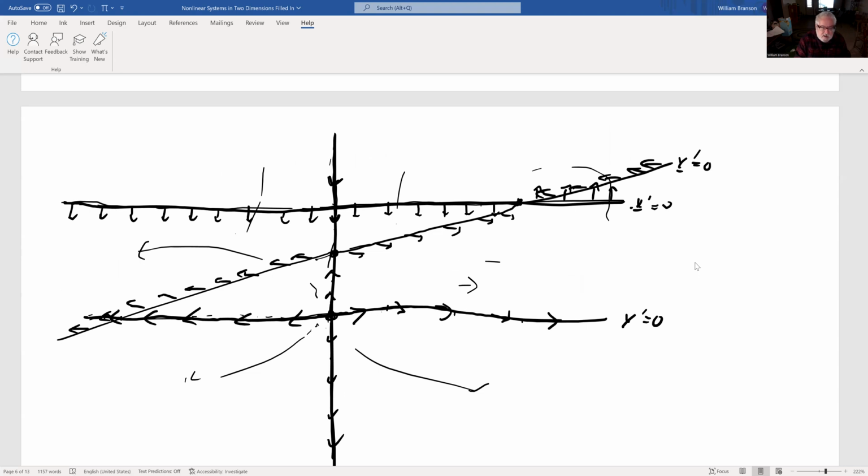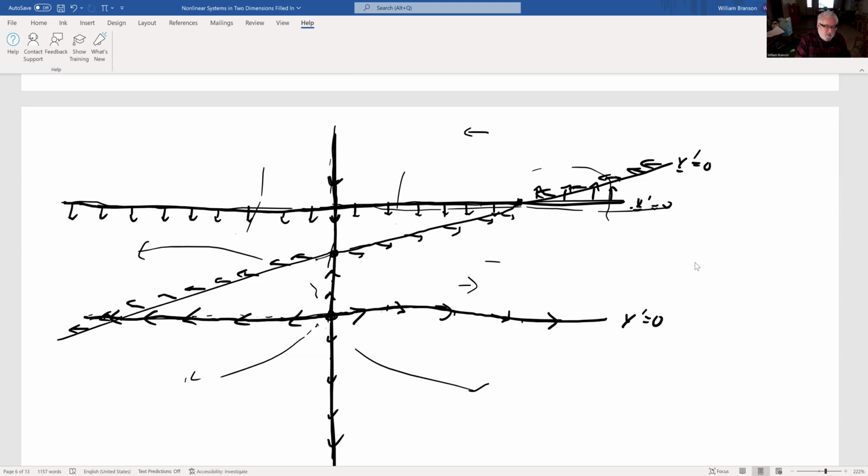So that means up in this area here, right, the x components all have to be pointing in the same direction. And we know that they're pointing to the left because in this quadrant we have some arrows that are pointing to the left. So all my x primes are pointing in that direction up in here.